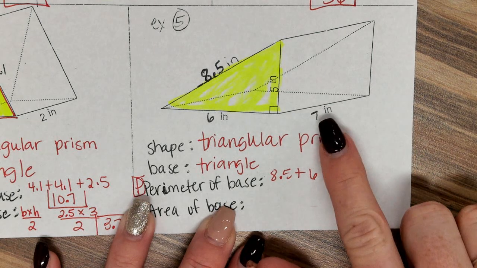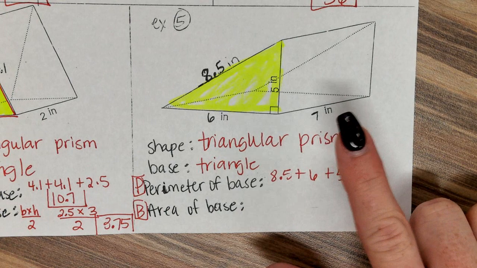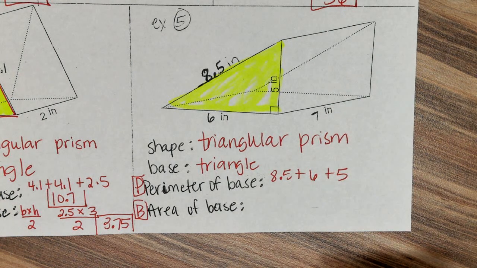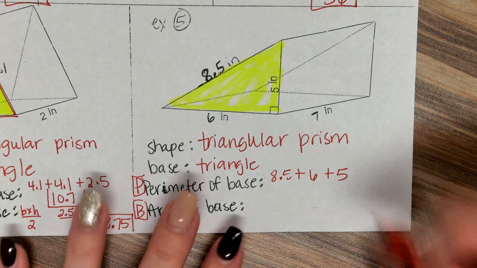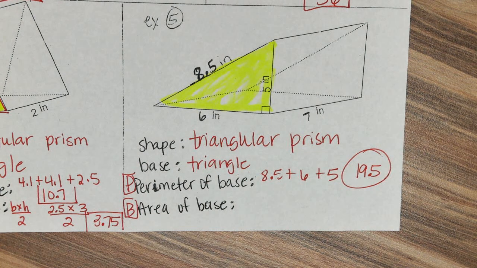Very good. Why was the 7 not involved? Because it's not part of the triangle. Very good. All right, so 8.5 plus 6 plus 5. Was it 19.5? There's your P, your perimeter of the base.